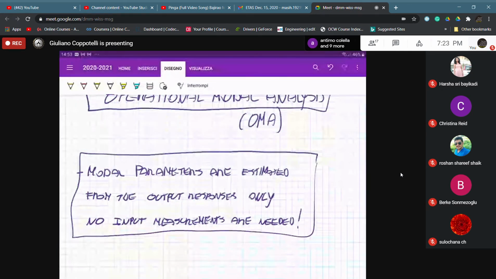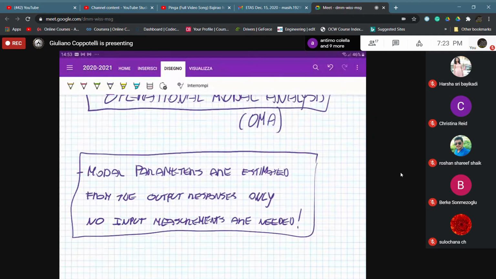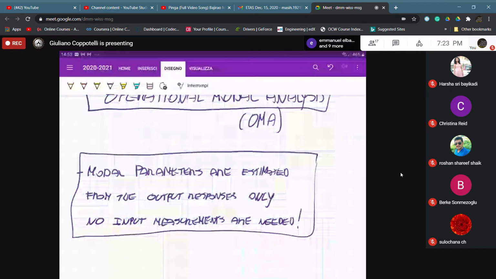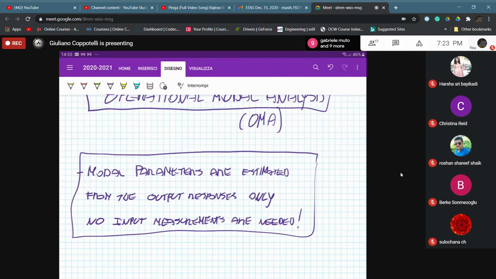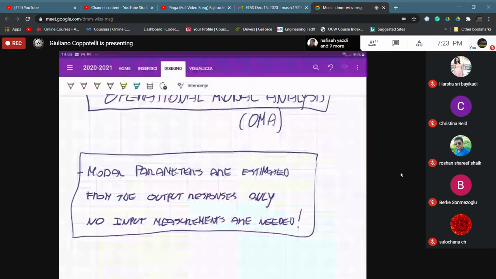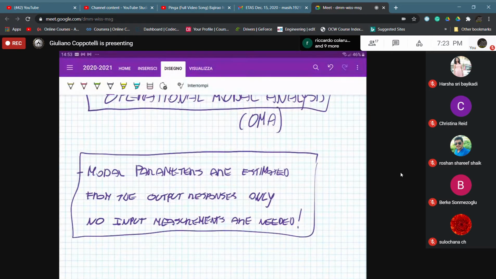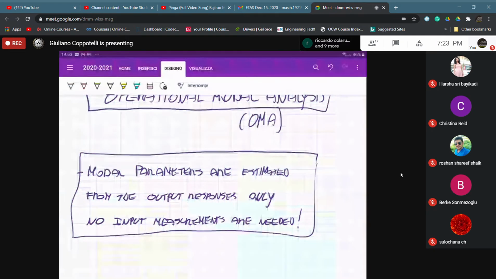Okay, it is practically impossible. So instead, if you use, for example, the wind excitation, if you use the traffic from the cars, from the trucks that are passing through the bridge as a means of dynamic excitation, then you can have your output responses that could be used to estimate your modal parameters.